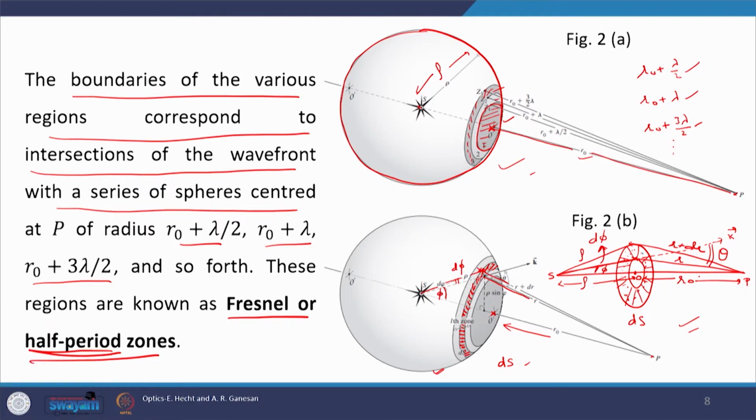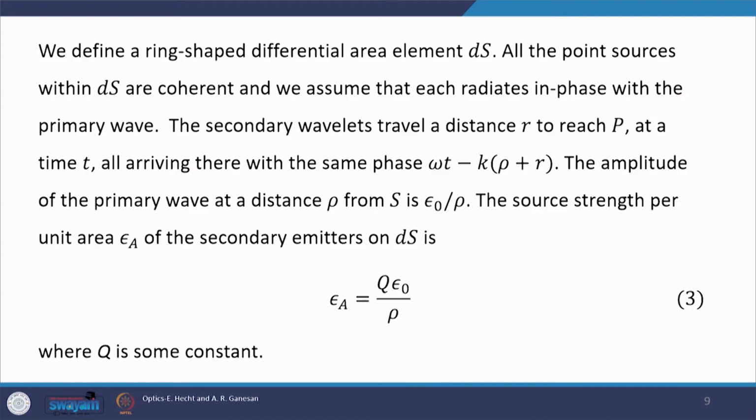You see that this distance is r, and therefore the secondary wavelets being emitted from point sources sitting on this area element travel a distance small r to reach point P. Now, we also assume that by the time they reach there, it is time t.